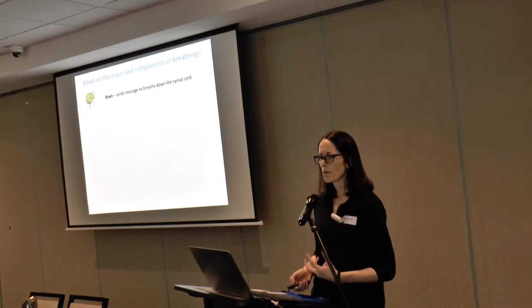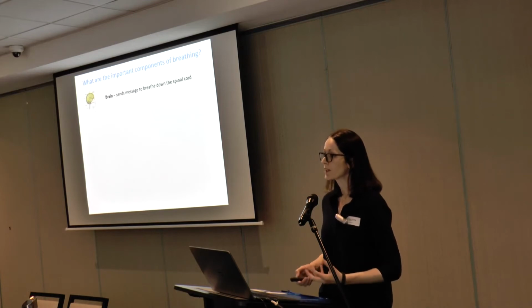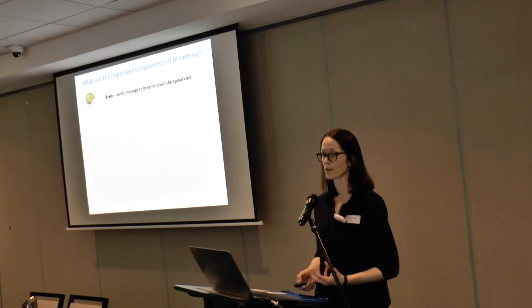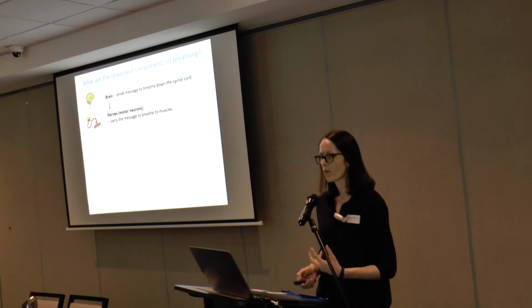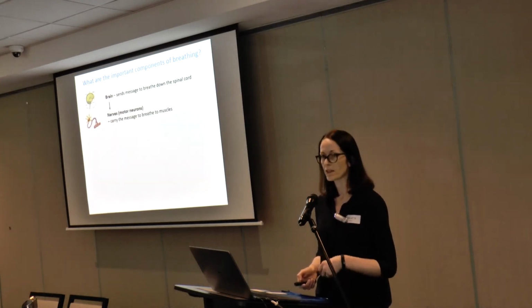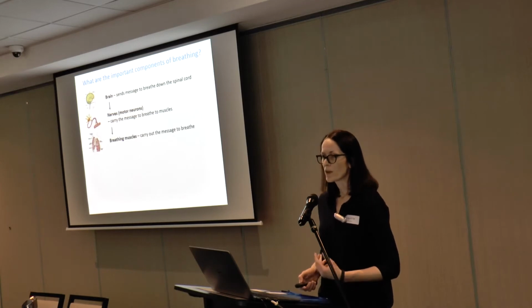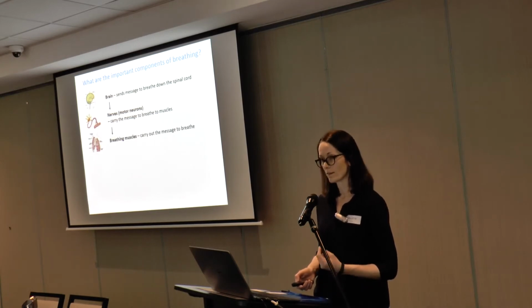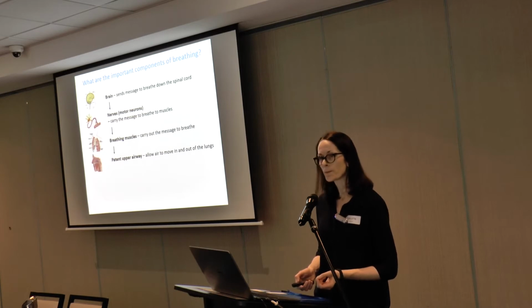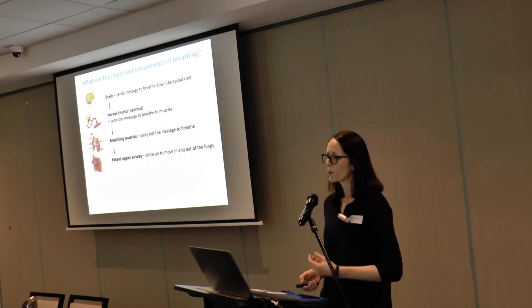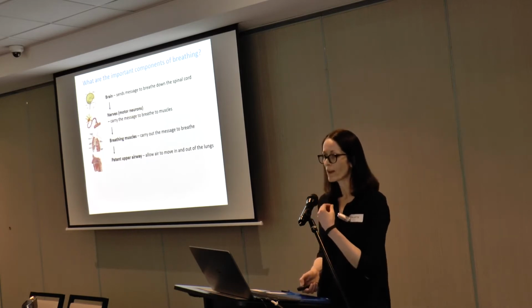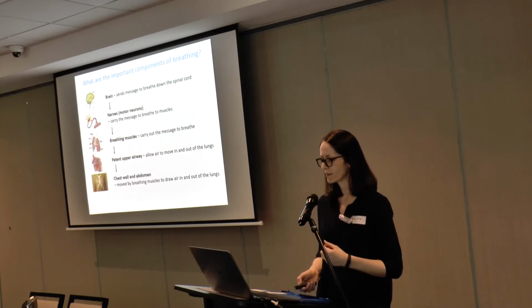Now, there's a number of important components of breathing. Firstly, we need the brain to send a message down the spinal cord, and this is via the motor neurons. So this carries the message to breathe to the respiratory muscles. The breathing muscles then have to carry out the message to breathe. And in order for this to occur, we need to have a patent or open upper airway so air can move in and out of the lungs.